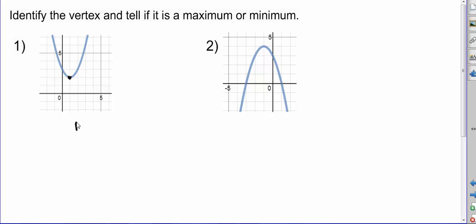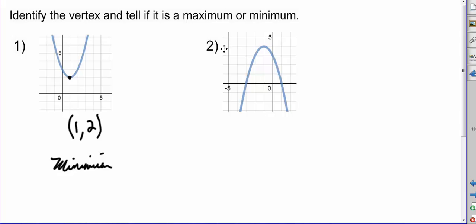We label that as its point: 1 on the x-axis, 2 on the y-axis, and that is how we label our maximum or our minimum. In this particular case, it is the minimum point on the graph, so we write that it is a minimum. That's pretty much all that we need to do on number 1.